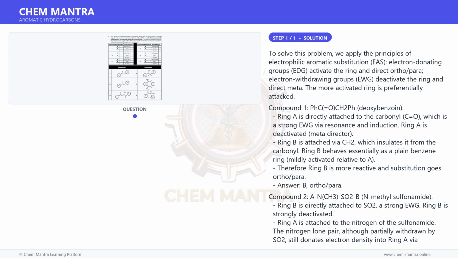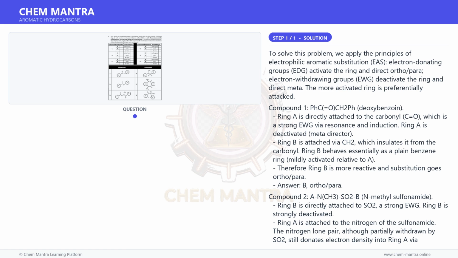Answer: B, ortho-para. Compound 4, a benzodiazepinedione with ring A and ring B both fused to the lactam ring. Both rings are fused to a 7-membered ring containing 2 amide, lactam, carbonyls and 2 N-methyl groups. Each ring is flanked by an amide nitrogen, an EDG that donates into the ring, and an amide carbonyl, an EWG that withdraws from the ring. The two effects partially cancel.